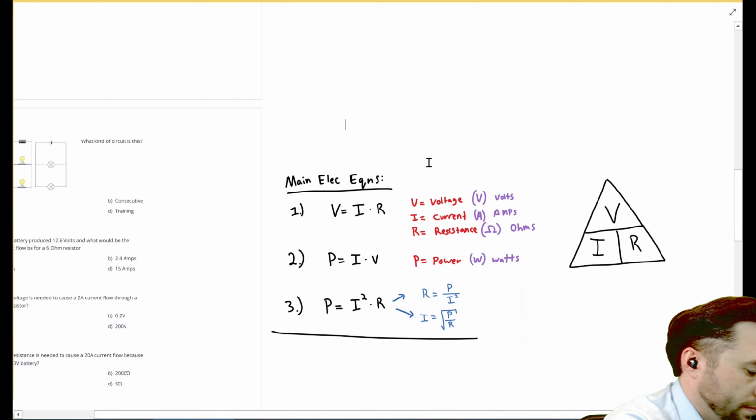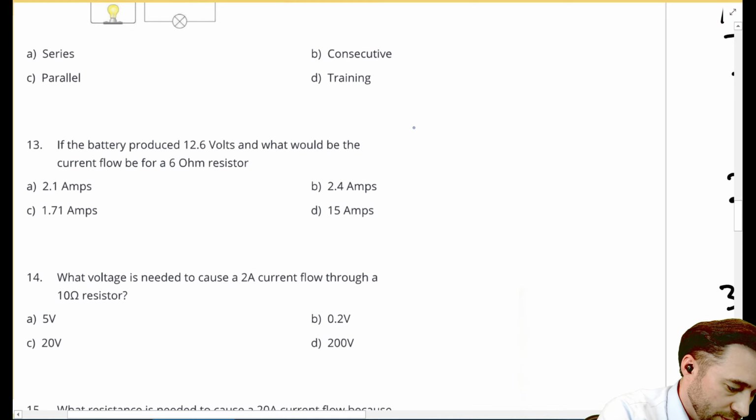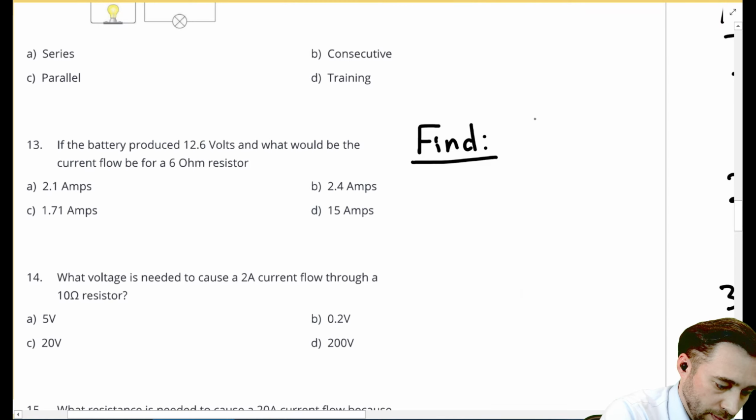Trying to be fancy, but it's going to be a waste of time. All right, so we have our find, and then our knowns.